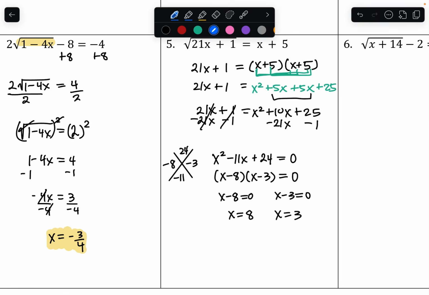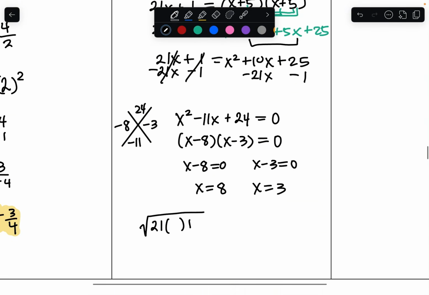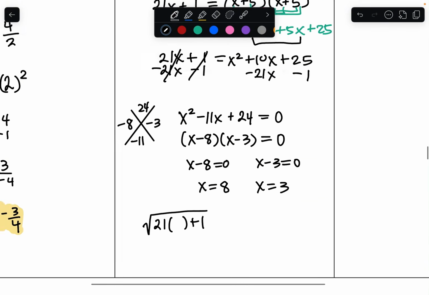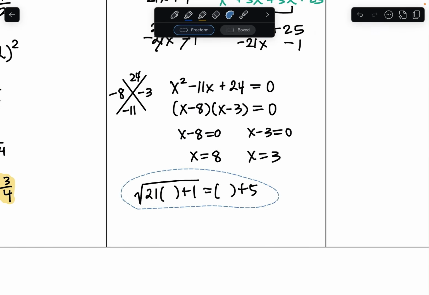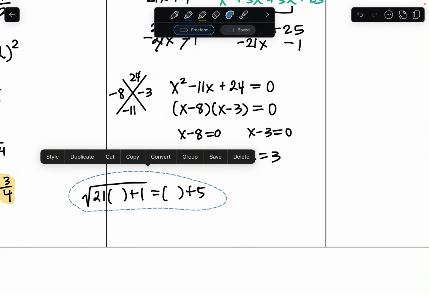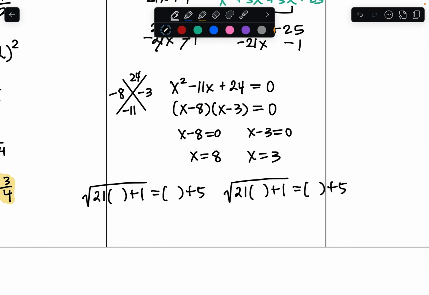So we are going to plug that into our original equation, which says square root of 21 times x plus 1 equals x plus 5. We're going to check both values. First we're going to plug in the 8, and then we're going to plug in the 3.